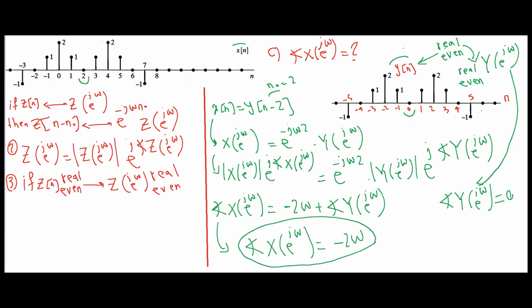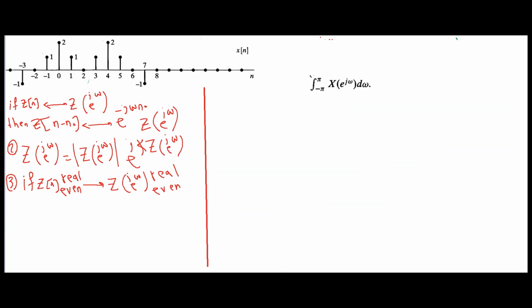In the next part, we are asked to evaluate the integral of X(e to the power j omega). We start from the inverse Fourier transform formula, which states that x[n] is equal to 1 divided by 2 pi times the integral of X(e to the power j omega) multiplied by e to the power j omega n.